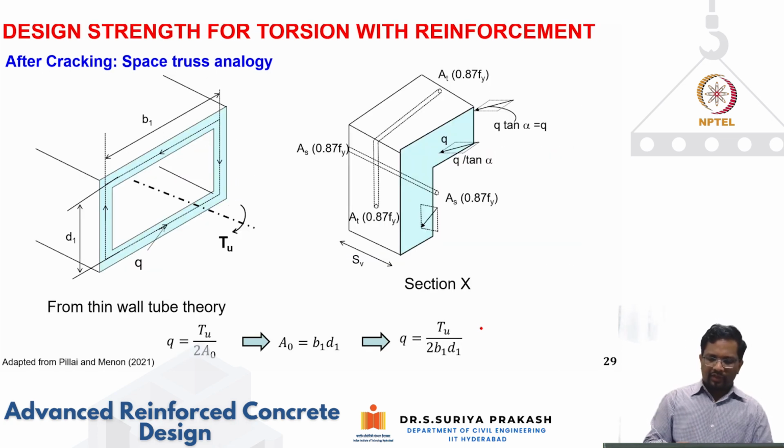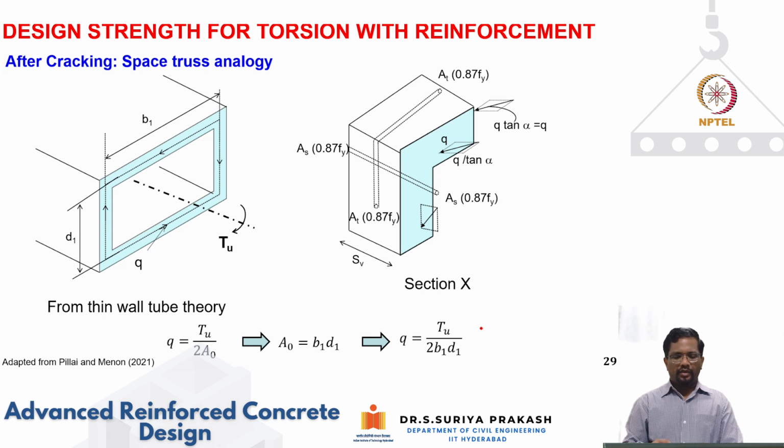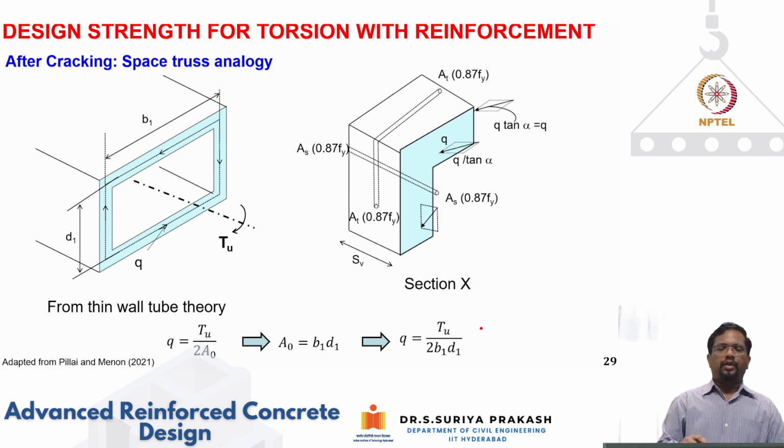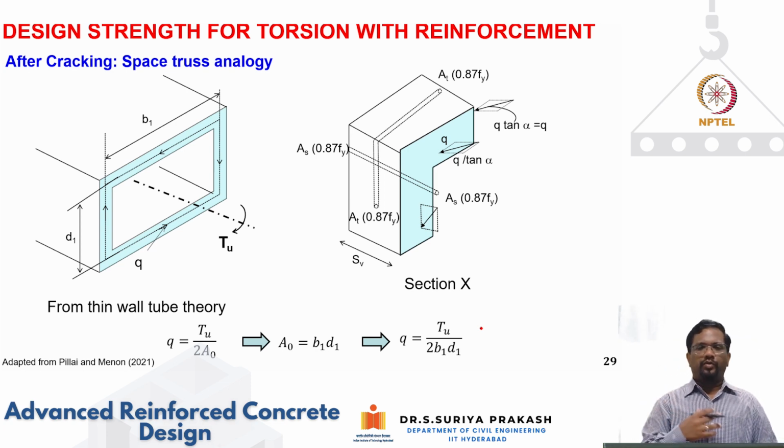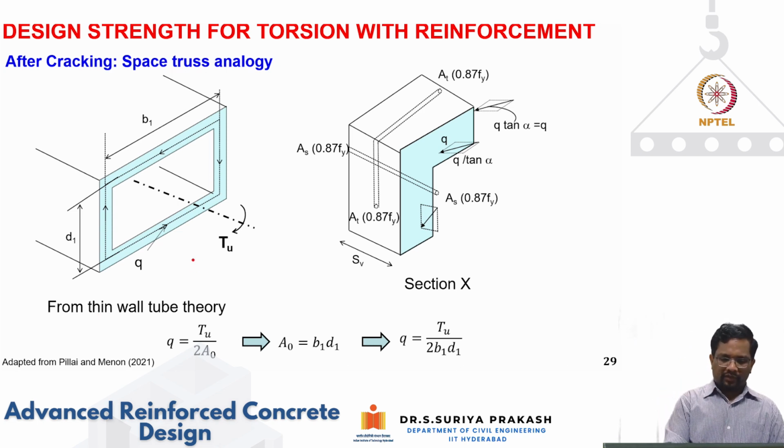Okay, now let's look at how to get expressions for the amount of transverse reinforcement and the amount of longitudinal reinforcement. So this we have calculated. What is the thickness of the tube? We know how to calculate it from thin wall tube theory. And what is the shear flow?